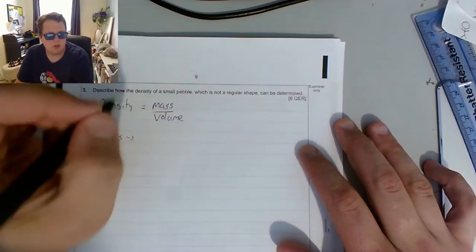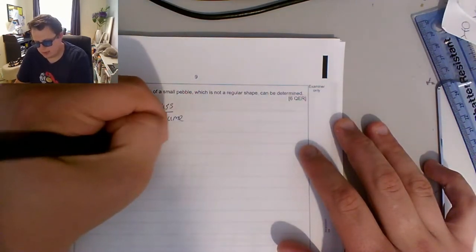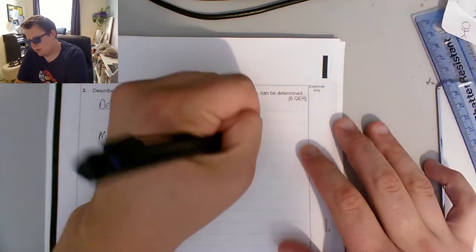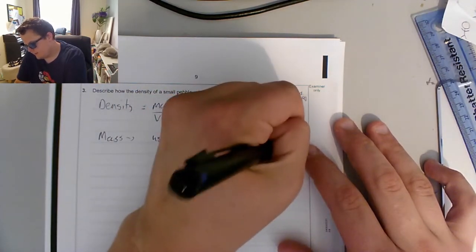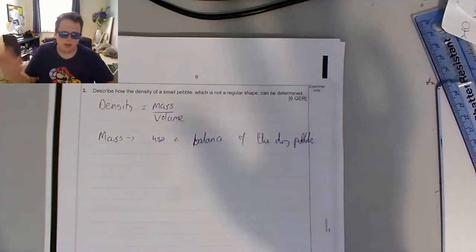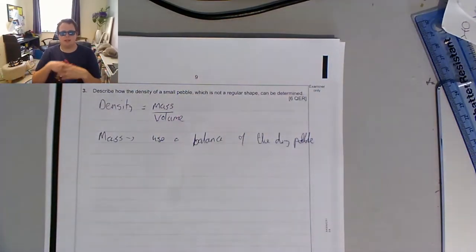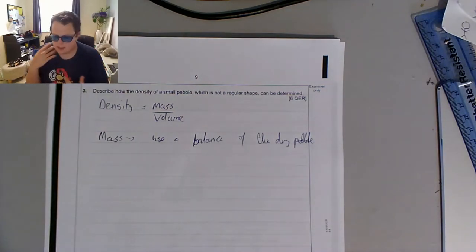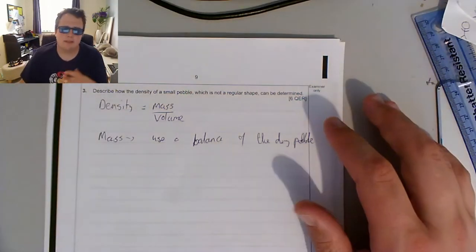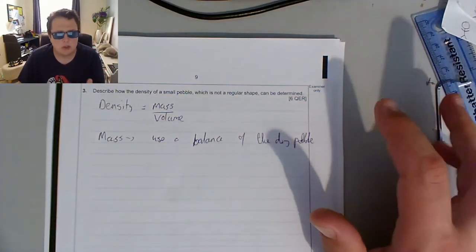We're going to use a balance of the dry pebble. First step, we're going to weigh it. We're going to put it on a balance, determine its mass using a balance. Then, we're going to find its volume by using the water method.